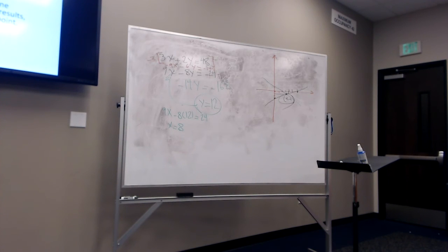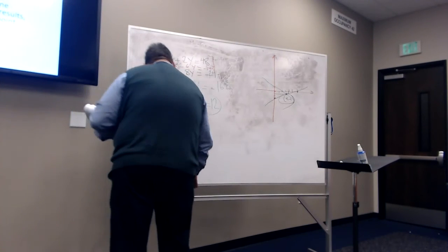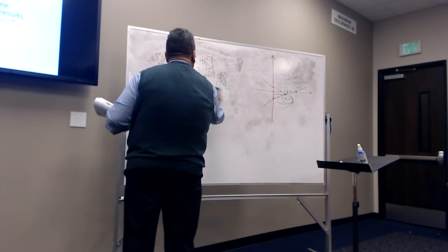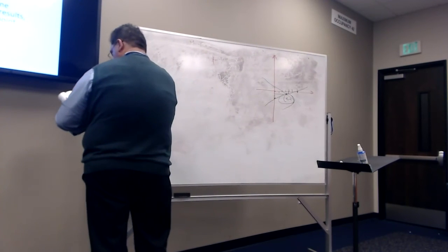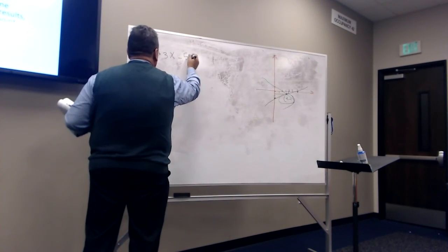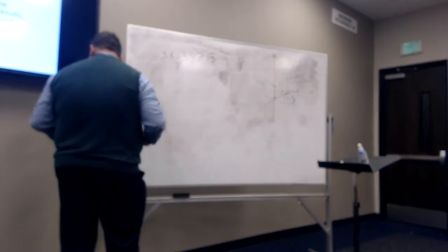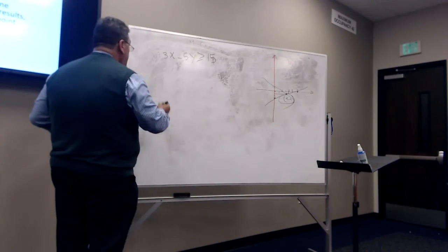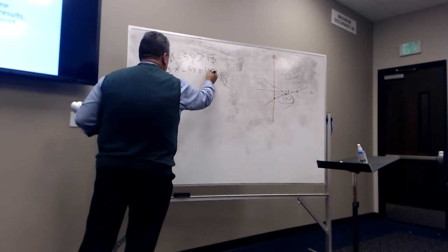If you look at example 1, it has 3x minus 5y greater than or equal to 15. Okay? So it says replace the inequality with an equal sign: 3x minus 5y equal to 15.